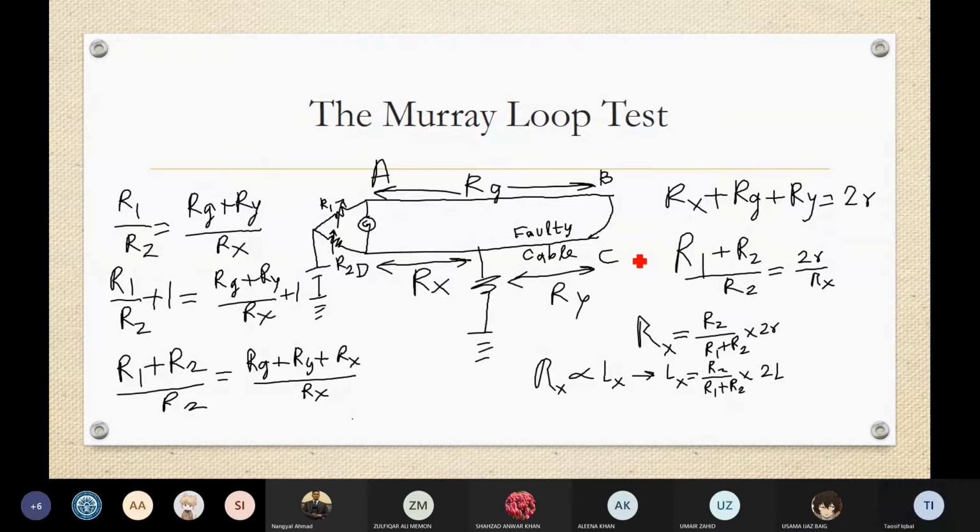Then we should have resistance equal to twice the length, and therefore we can use the resistor bridge, a balanced resistor bridge, and find out the unknown ratio by varying the R1 and R2 values of these two resistances. Again, in this case, we should have the null value at the galvanometer.